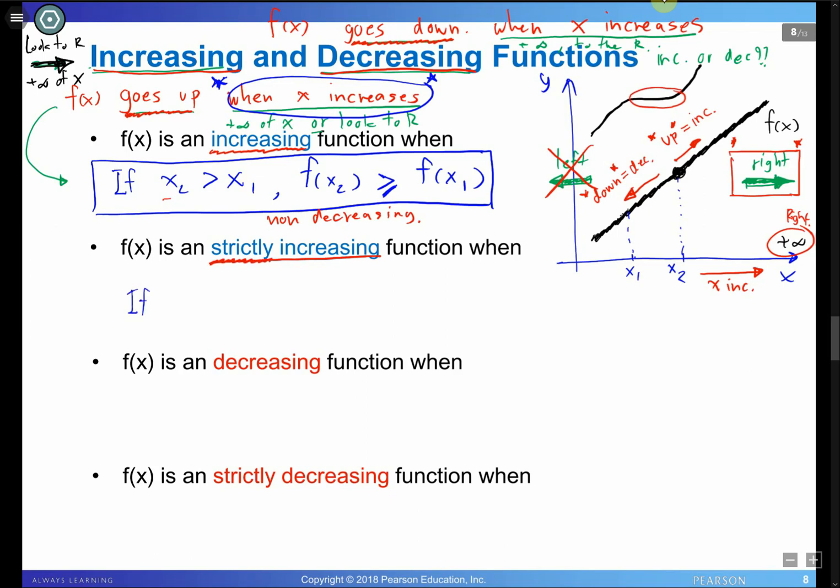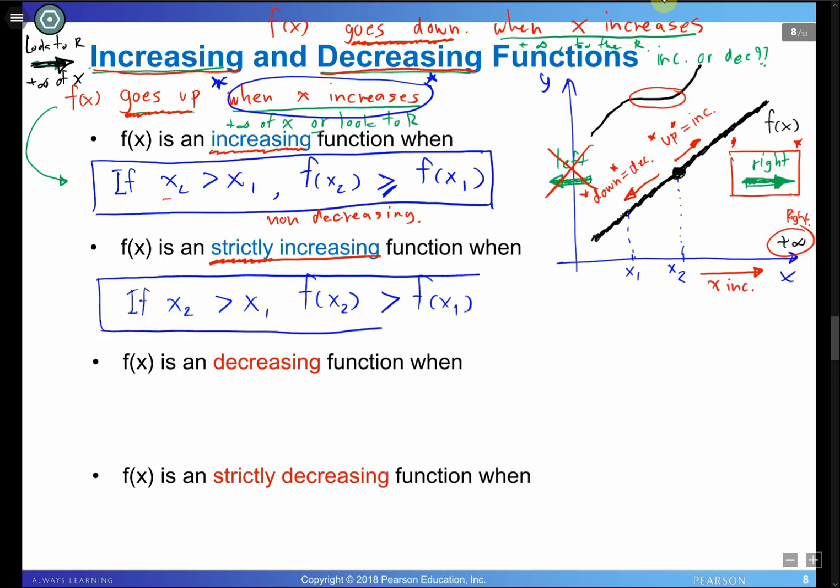If x2 is greater than x1, looking to the right, the function value at x2 must be greater than the function value at x1. The main difference between increasing and strictly increasing is that strictly increasing is stronger.